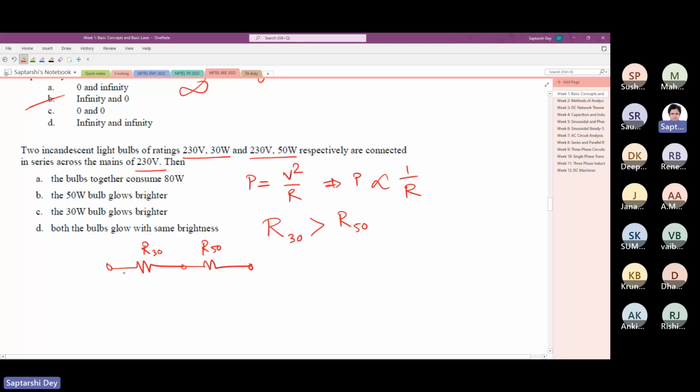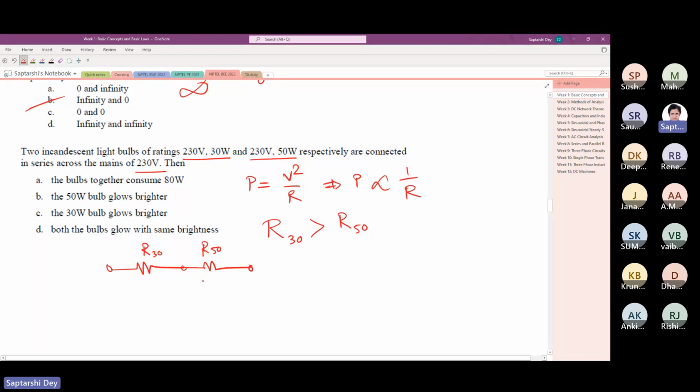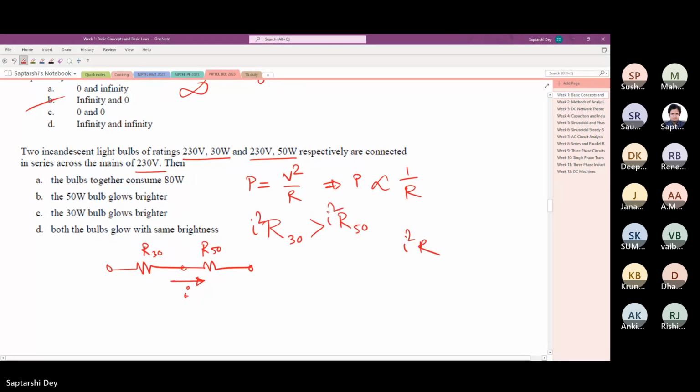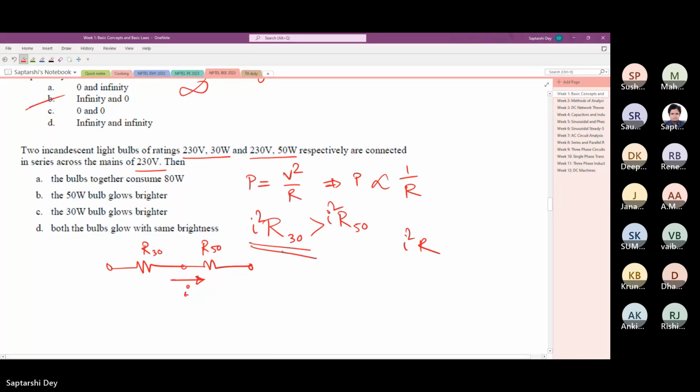Since they are connected in series, the same current is flowing through them, right? And the power through them is I squared R. So if I multiply I squared here and here, the 30 watt bulb is consuming more power. So it will glow brighter. Right? This will glow brighter. Any doubt?